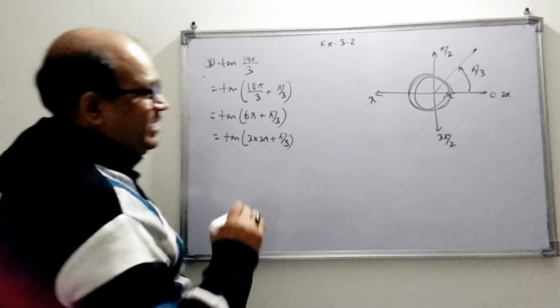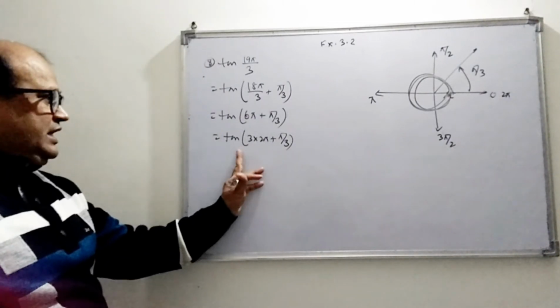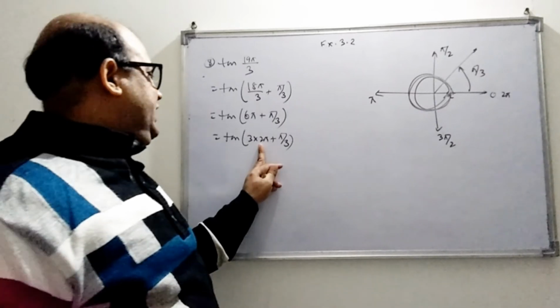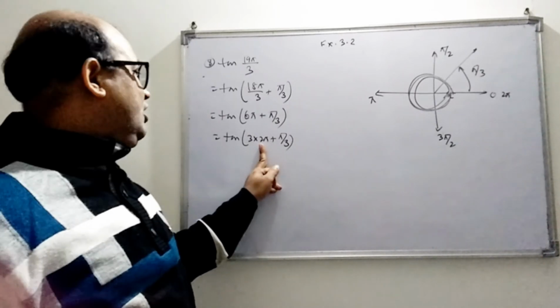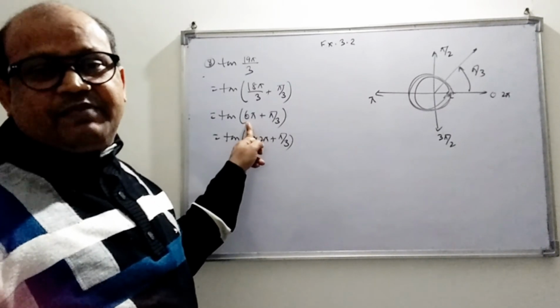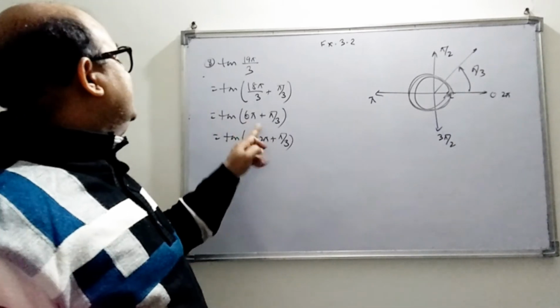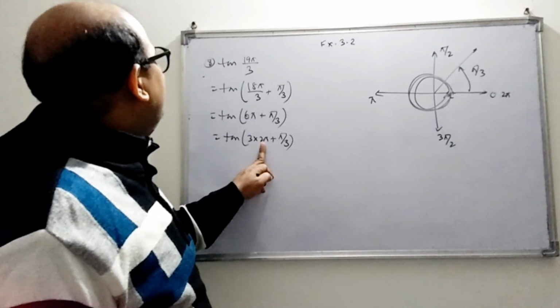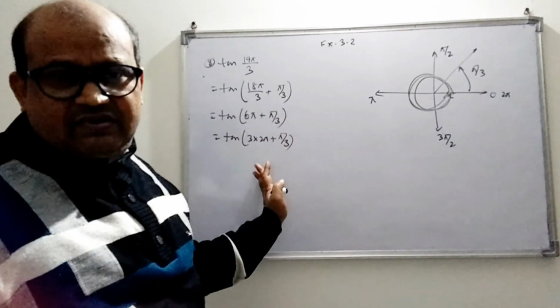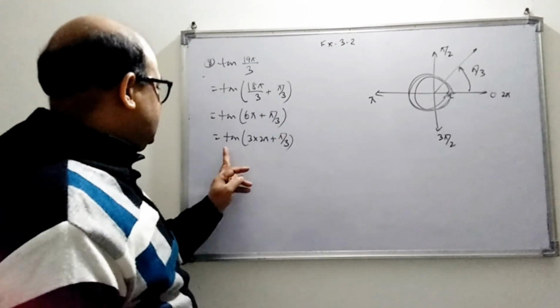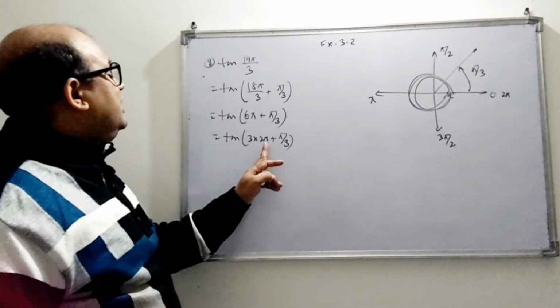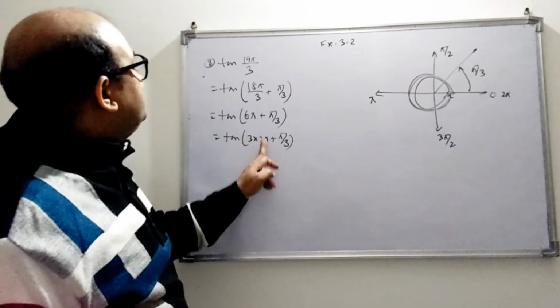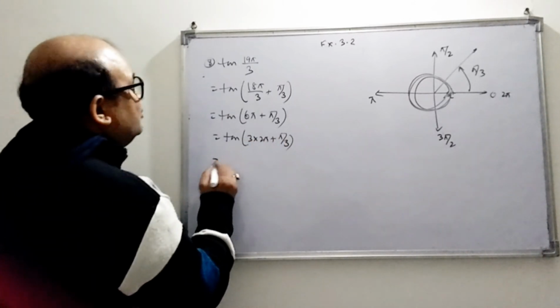It is an even multiple of pi, so it will be the same trigonometrical ratio. That is tan of 6 pi plus pi by 3, which is in the first quadrant.